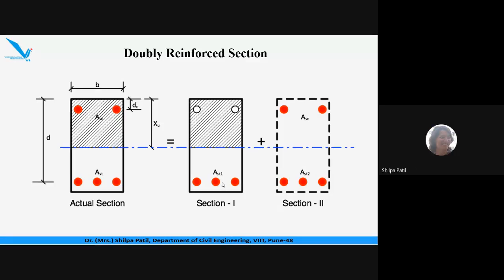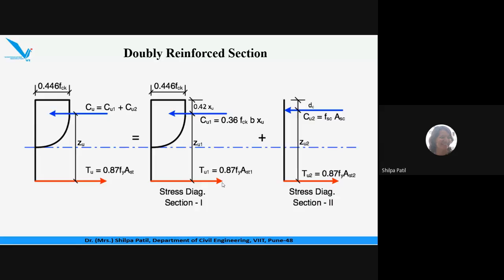So these are the corresponding stress diagrams. This is the stress diagram for our doubly reinforced section, in which we have shown the maximum stress in compression as 0.446 fck. The total force of compression Cu is Cu1 plus Cu2, and the total force of tension is Tu, which is equal to 0.87 fy Ast.